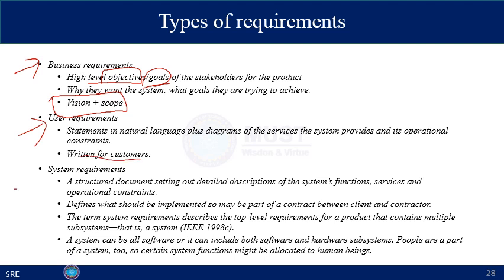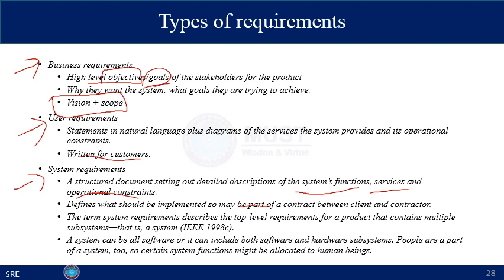And additionally, there are system requirements, which specify a structured document setting out detailed descriptions of your system's functions, services, and operational constraints. So it defines what should be implemented. So maybe part of the contract between a client and a contractor.